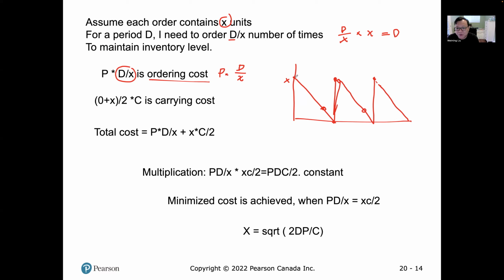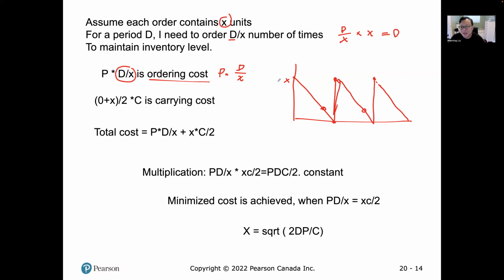So my inventory goes from X down to 0, then the new order of X comes in, and it goes down to 0 again. The inventory goes dynamically from X to 0, X to 0, X to 0.